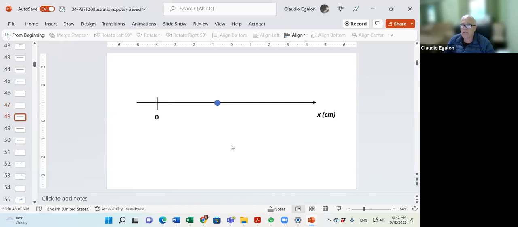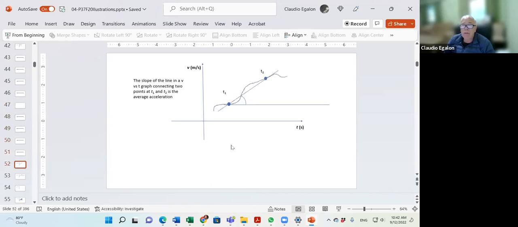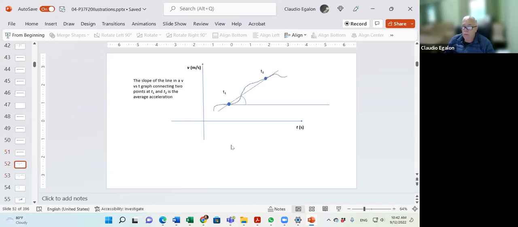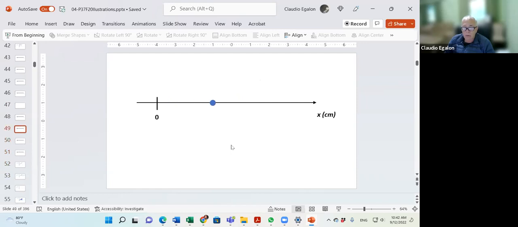Both distance and displacement in this case, from here to this last point, end up being equal. Now things start to change when this particle changes direction. So we're gonna get this particle to move to that position. What's going on here? Let's see here. Here you go, right in here.